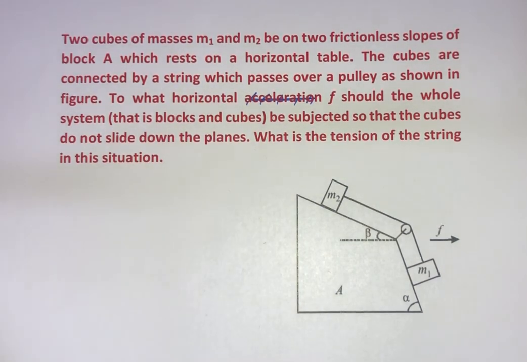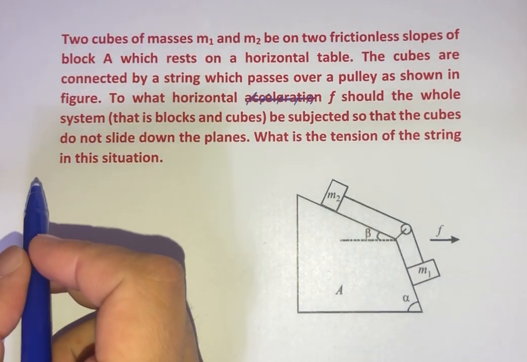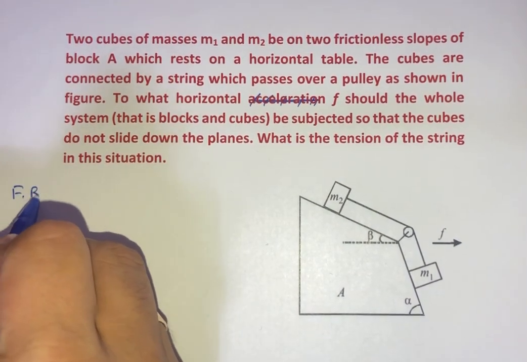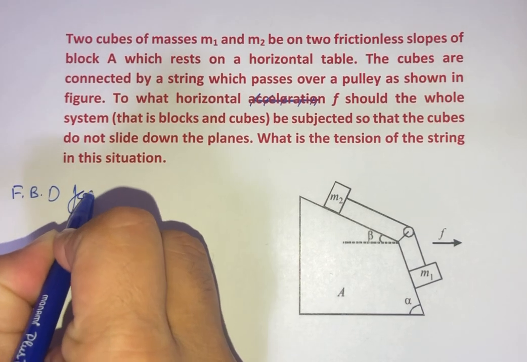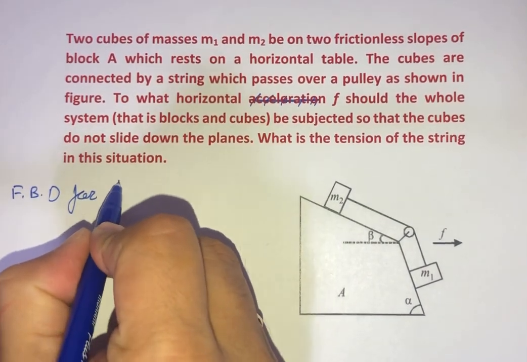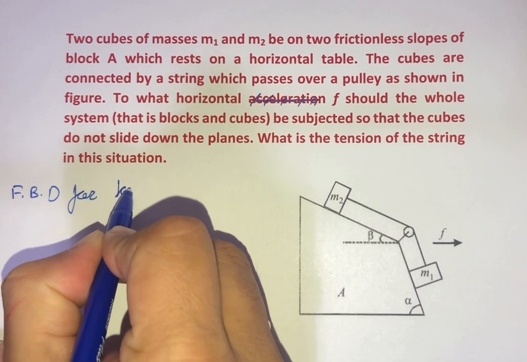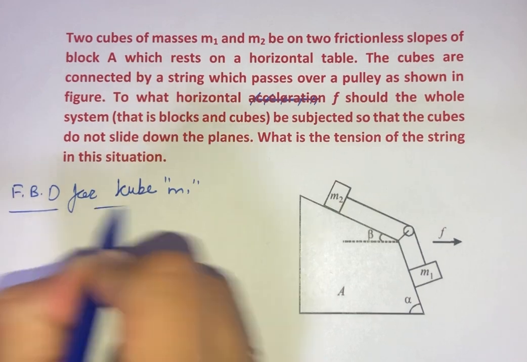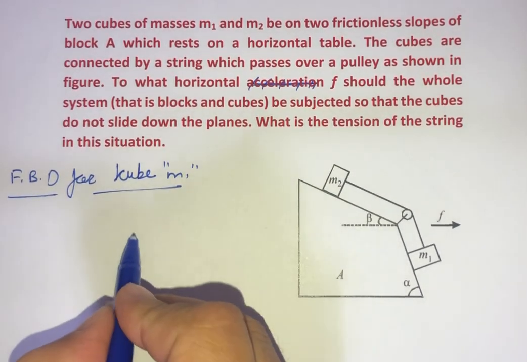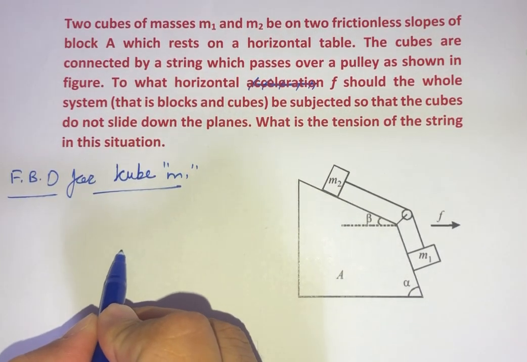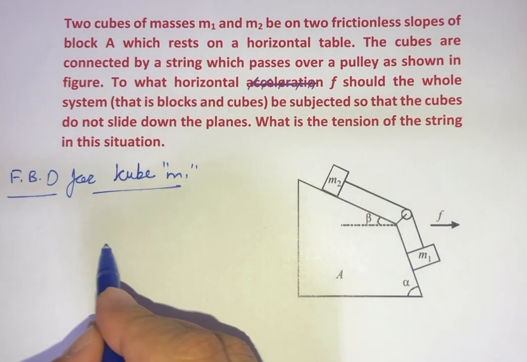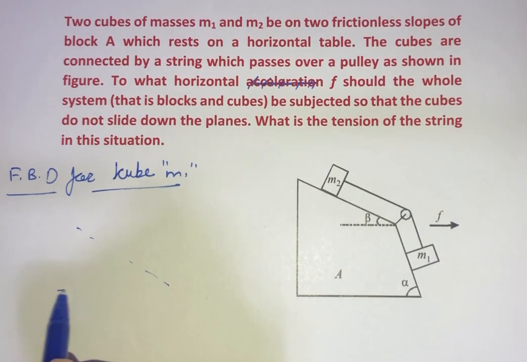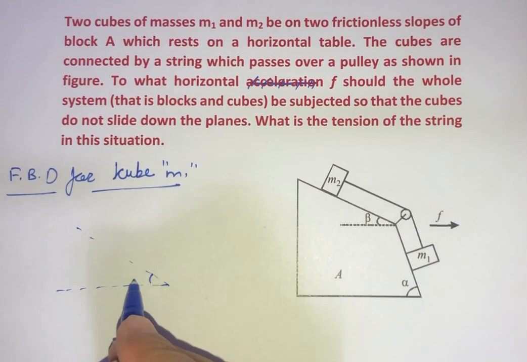So, free body diagram for cube m1. Let us suppose this is the slope and it is making an angle alpha.